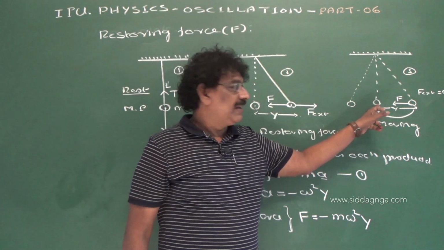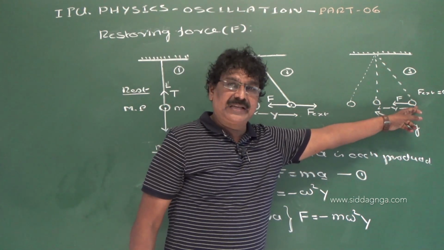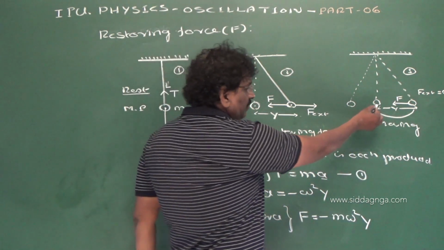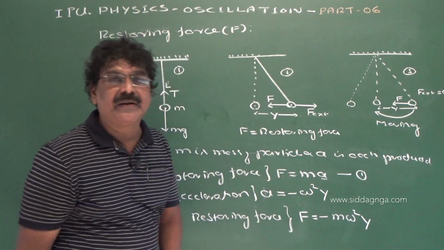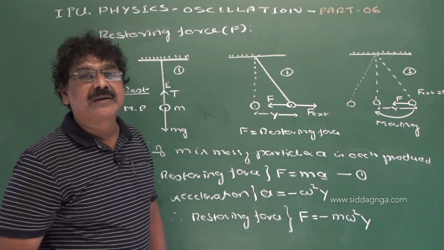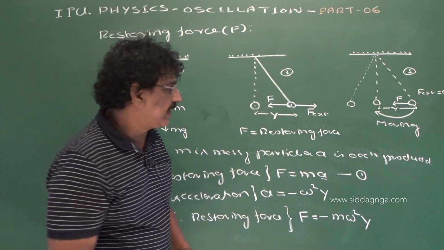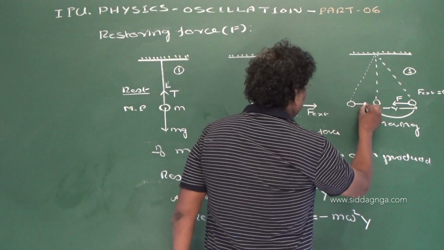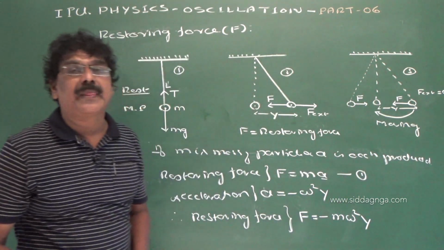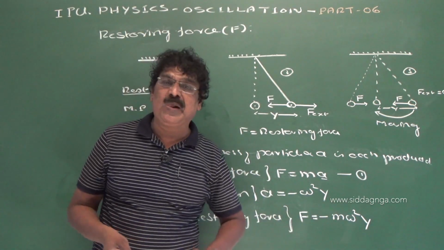We know that for simple harmonic motion, velocity is zero at the extreme position and maximum at the mean point. When it starts moving away from the mean position, its velocity goes on decreasing. That means the force is acting in the opposite direction of motion. Again here, the force is directed towards the mean position. That is the significance of this negative sign.